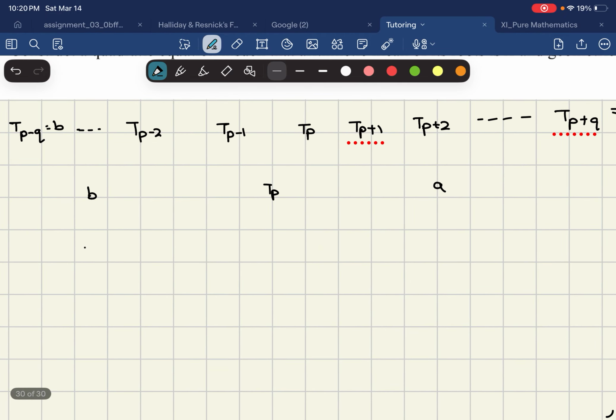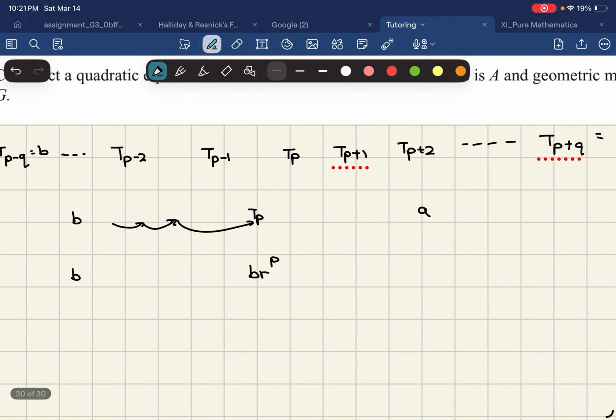Alright. So let's think about it. Because this is a geometric series, we start with b, we are going to br, that is the first term. The second term between b and tp is going to be br squared, and all the way until tp is just going to be br to the power p, right? The first term, second term, and tp is just the pth term after b. So br to the power p.